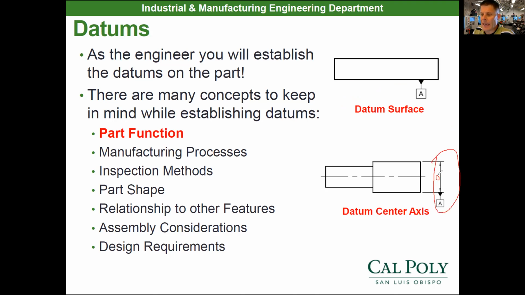Because this datum is in line with the diameter dimension, whatever size it is, I know the datum is the centerline axis of my part. So usually on round parts, you make the datum the centerline axis, and on prismatic parts, you make some sort of major flat surface the main datum that you base everything off of.